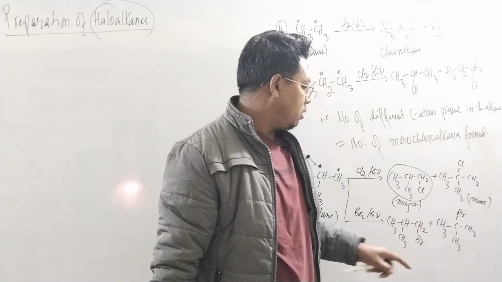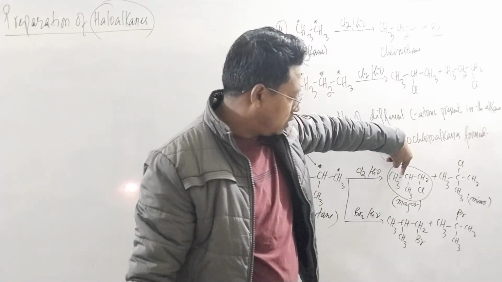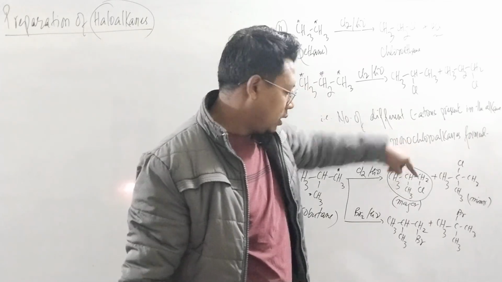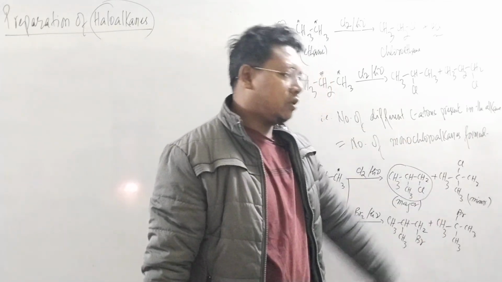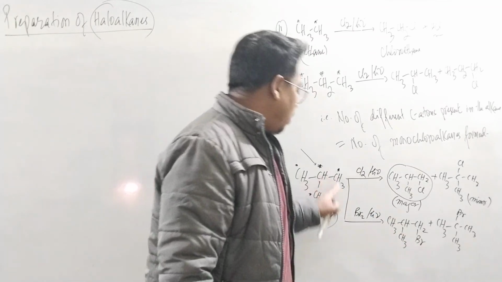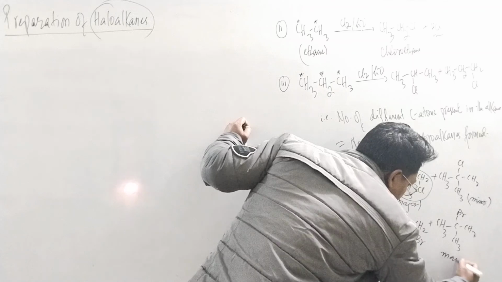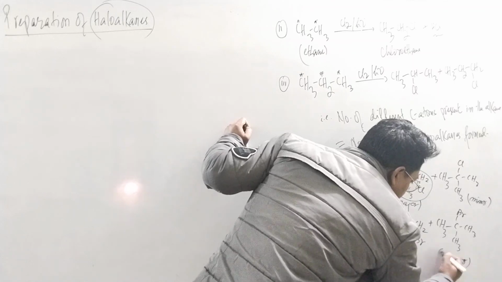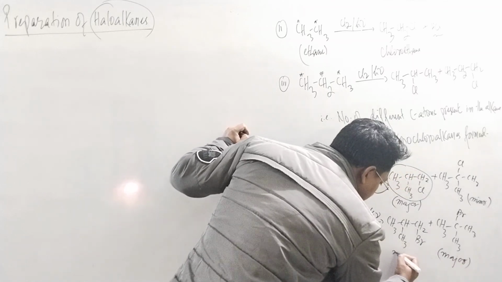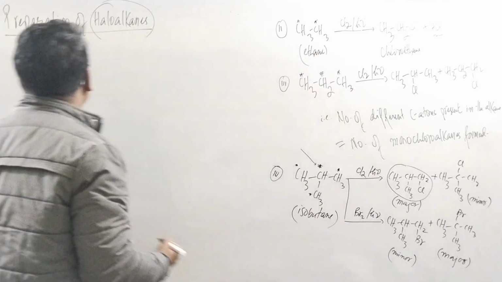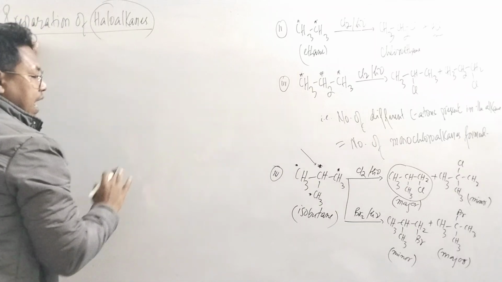In this reaction, amount of this product is obtained in large quantity, right? While this is obtained in less quantity. While in bromination, this is our major product. This is our minor product, right?